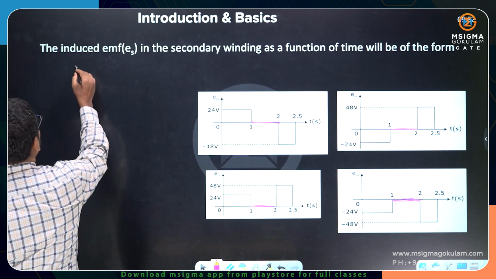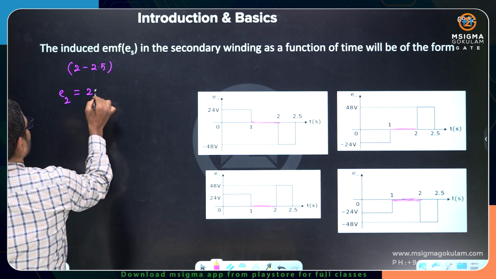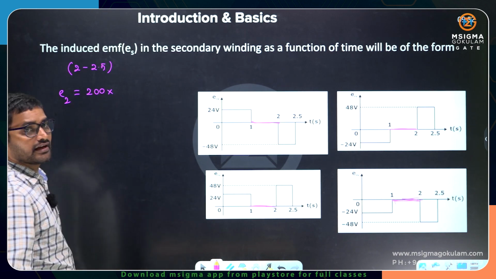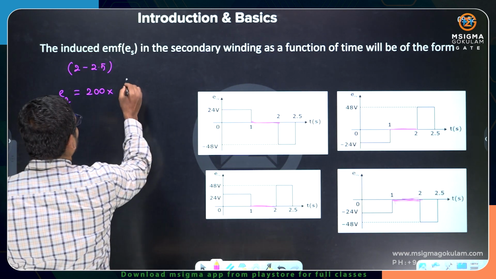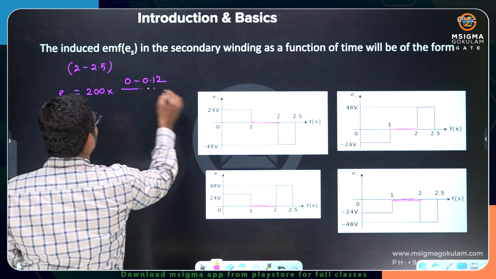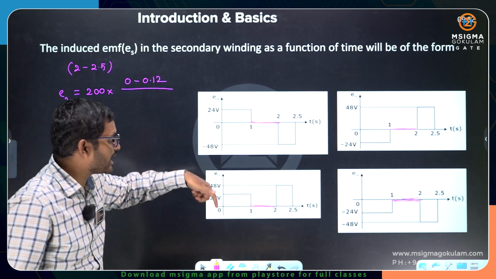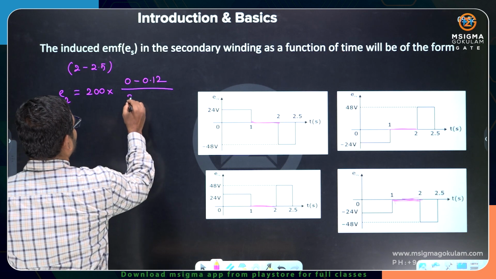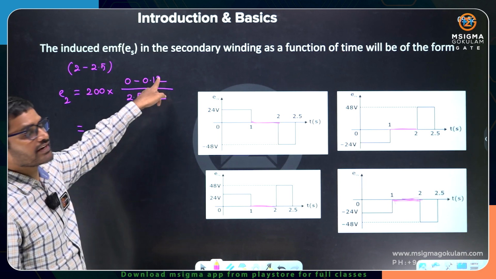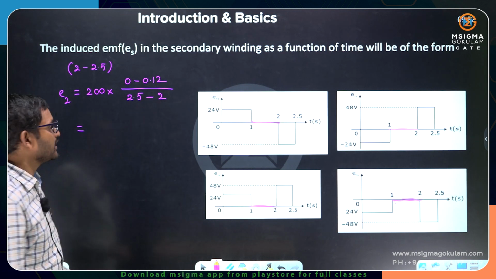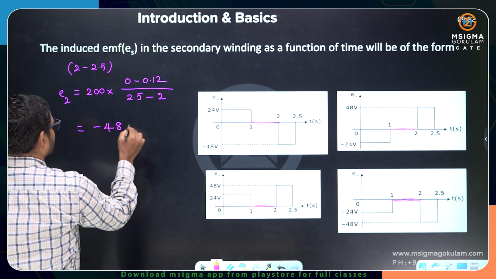Now for the 2 to 2.5 duration, the EMF is N2, which is 200, into d phi. Phi 2 is 0, and phi 1 is 0.12. That is y2 minus y1 divided by x2 minus x1, with x2 as 2.5 on the time axis and x1 as 2. Solving, minus 0.12 divided by 0.5 is minus 0.24, into 200, giving minus 48 volts.